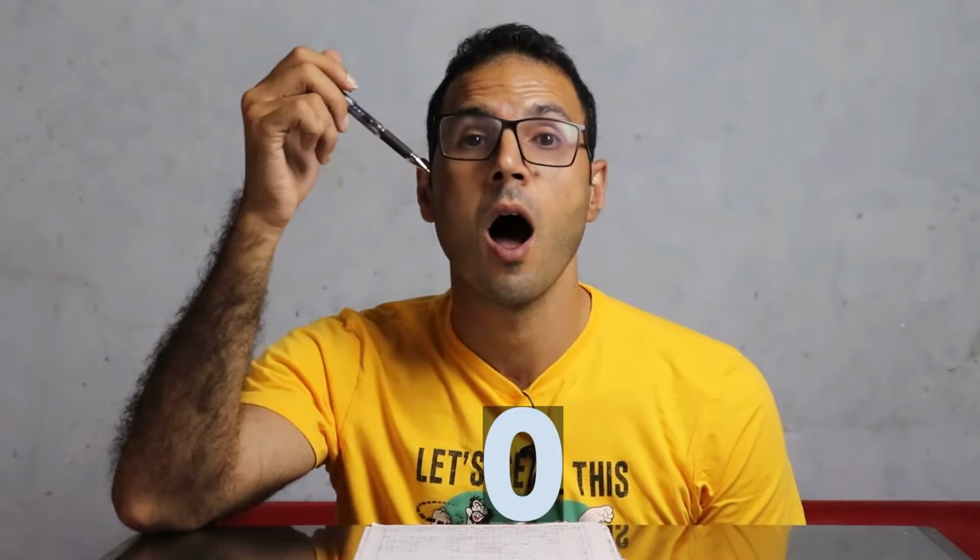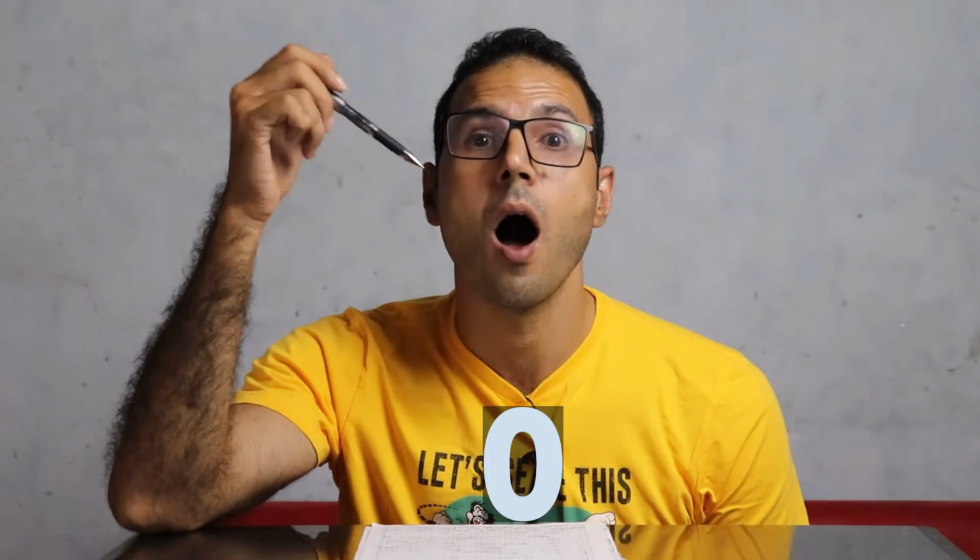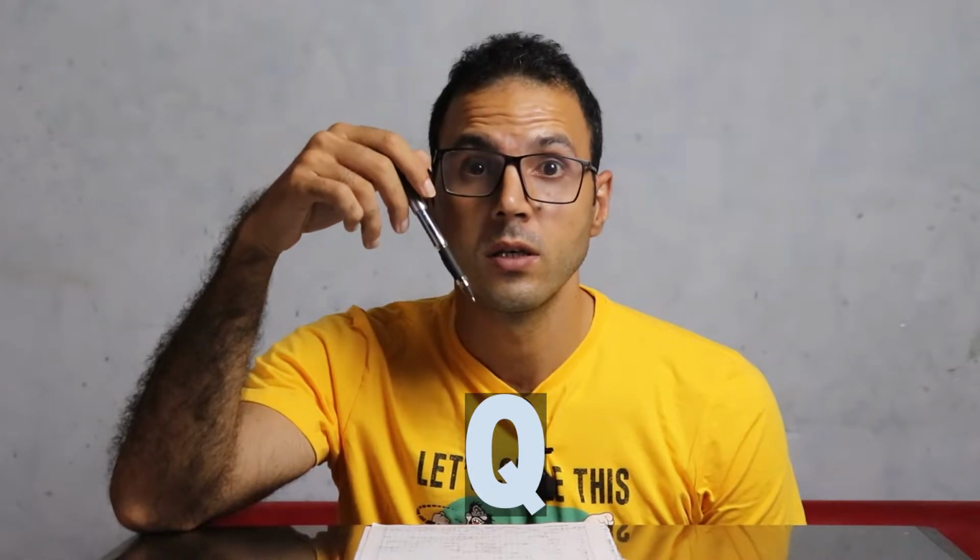O. Look at my mouse. O. P. And this one, not Q. In Italian we call it Q. And this one, it is the main letter in the Italian language.